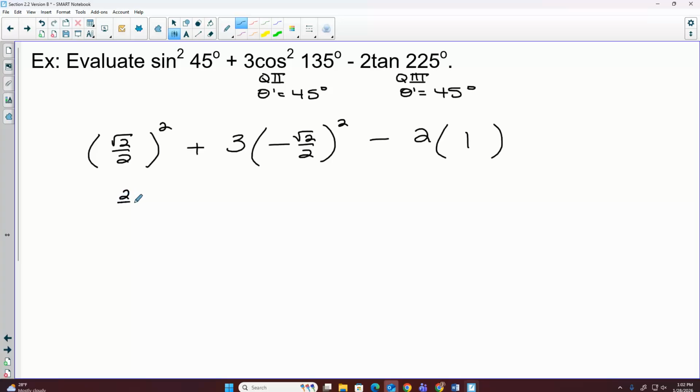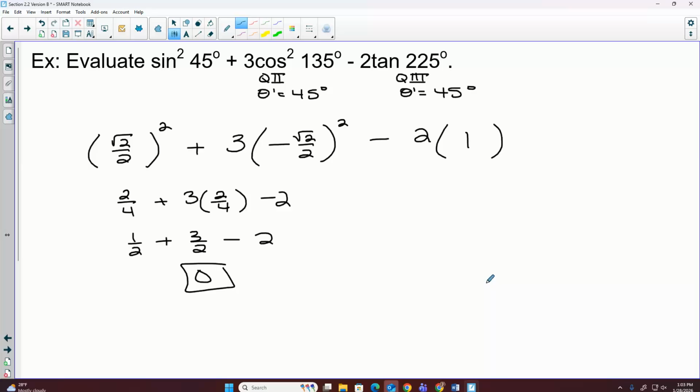And if we square this? Two. So on a problem like this, we had them like that in the last chapter too. You're just evaluating each piece.